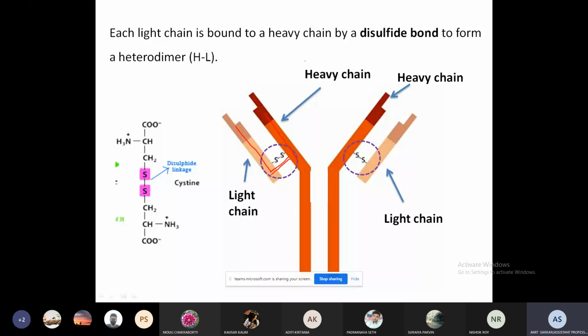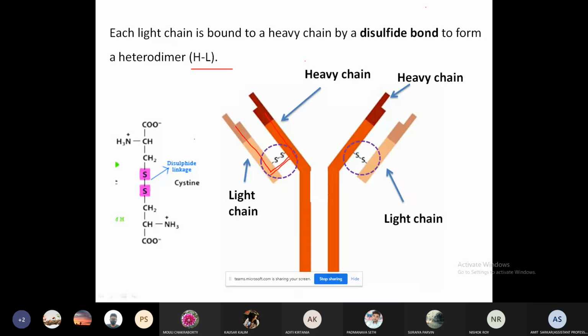A disulfide bond forms when two cysteine amino acids come into close contact, and then they form a disulfide bond by the process of oxidation. So the light chain is bound to the heavy chain by a disulfide bond to form a heterodimer known as HL. Hetero means different and dimer means two molecules.